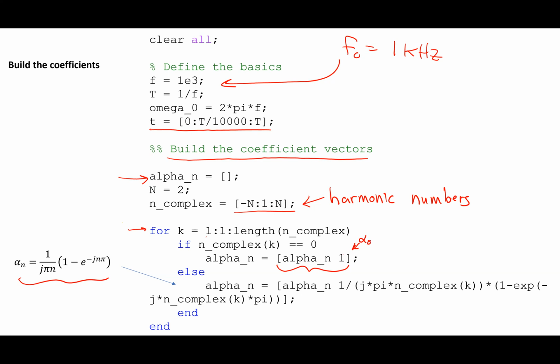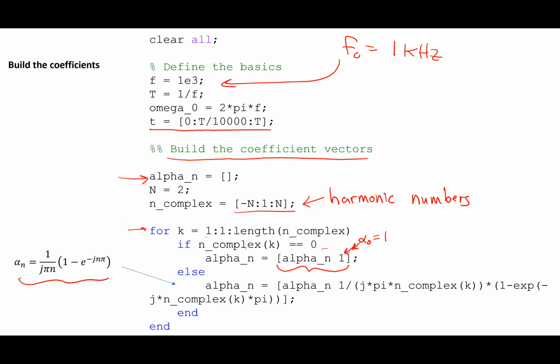Alpha 0 is equal to 1. What am I doing? Yeah, this is a concatenation. Basically I'm saying the alpha n vector should be equal to whatever the alpha n vector currently is, plus the next entry I want to add to it.